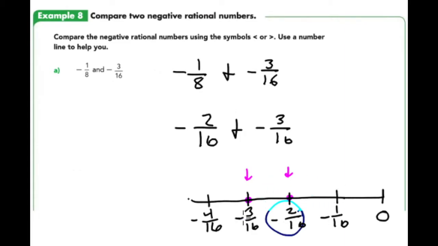So it is more right than the negative 3/16. And 2/16 was a negative 1/8. So the number that is on the right is the greater number. So we could write this as negative 1/8 is greater than a negative 3/16.